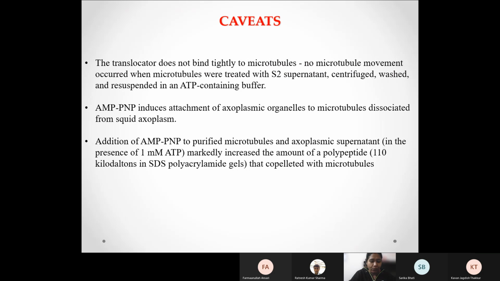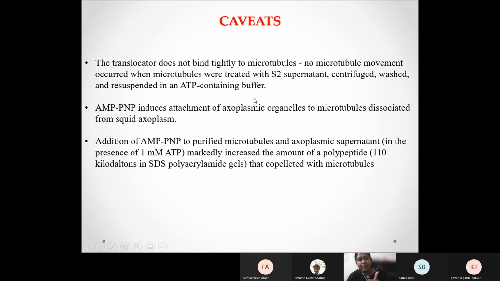Okay, so what are the caveats that we have seen or that they saw in this experiment so far? The translocator does not bind tightly to microtubules. One, no microtubule movement occurred when microtubules were treated with the cell-free extract, centrifuged, washed, and resuspended in an ATP-containing buffer.